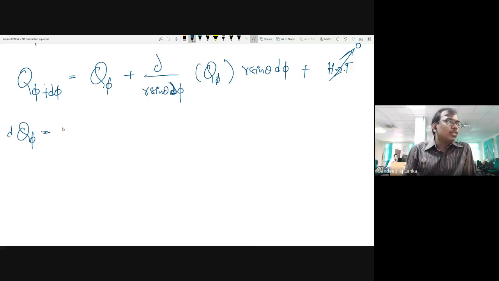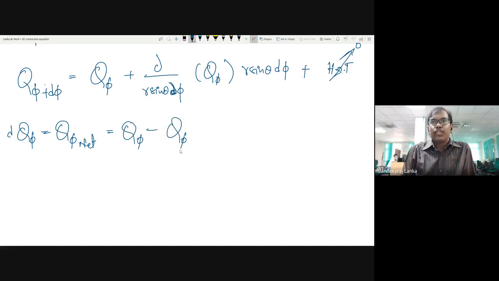This is also q phi net, equal to q phi minus q phi plus d phi. We will have this equal to q phi minus this. I'm substituting here.